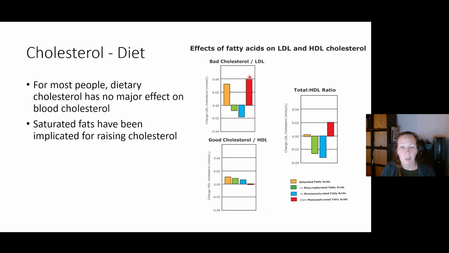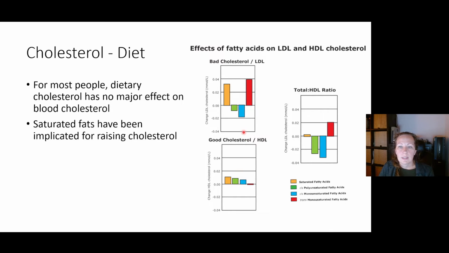The trans fats were worse, okay? And the unsaturated fats reduced the LDL slightly. Then with good cholesterol, the saturated fatty acids increased HDL the most, followed by the other three in that order, with the trans fats not reducing it at all.